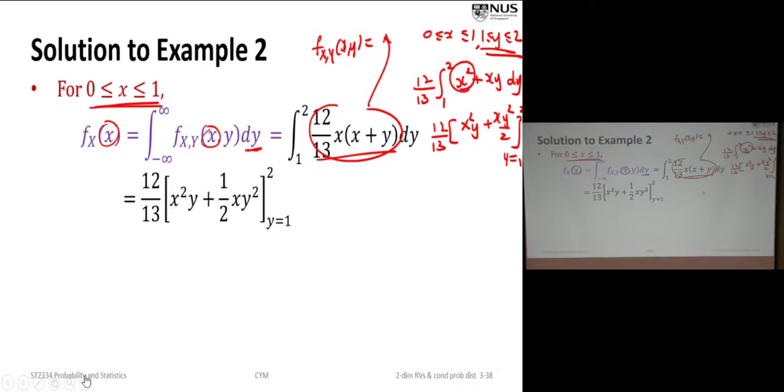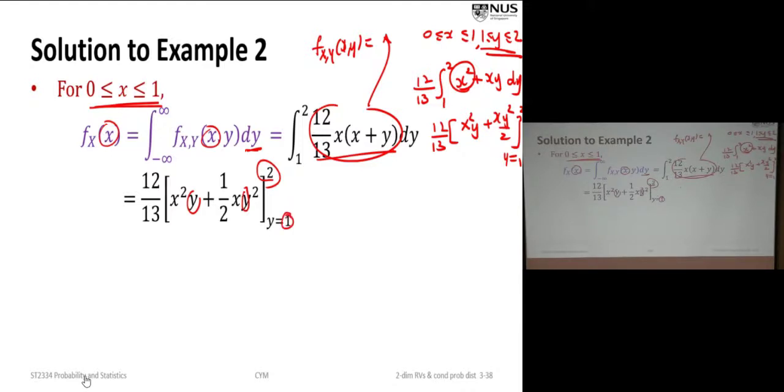Now, remember, whenever you see y, you substitute 2, and after that you subtract the term where you substitute y equal to 1.